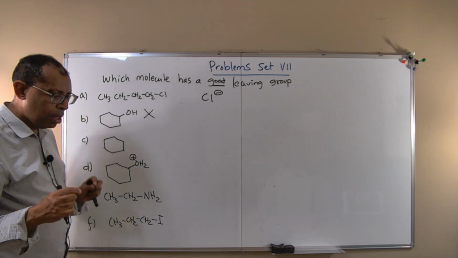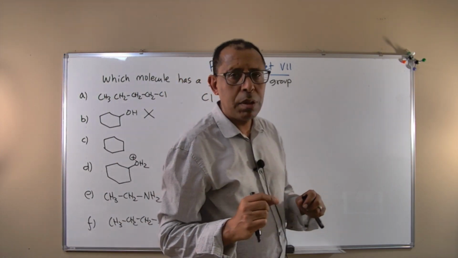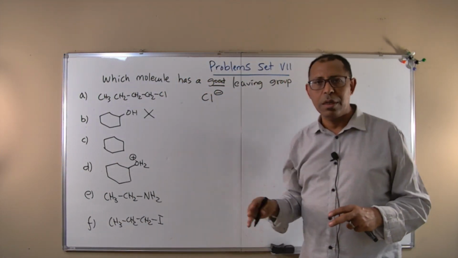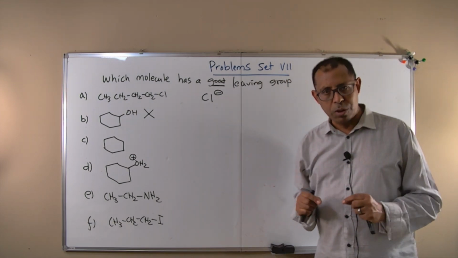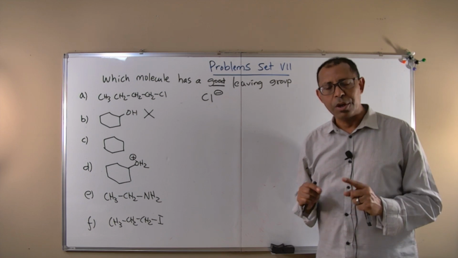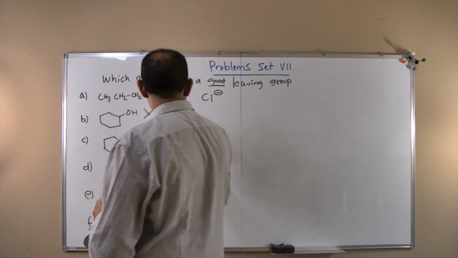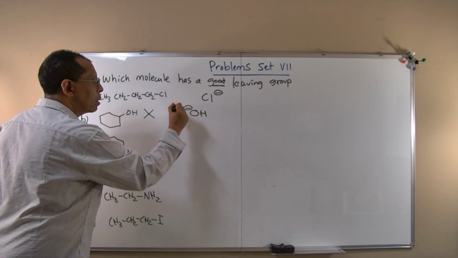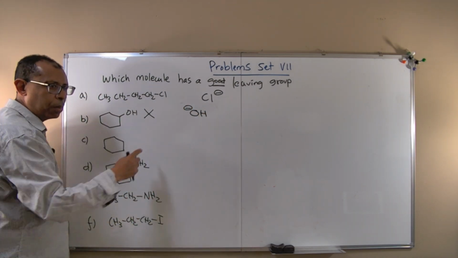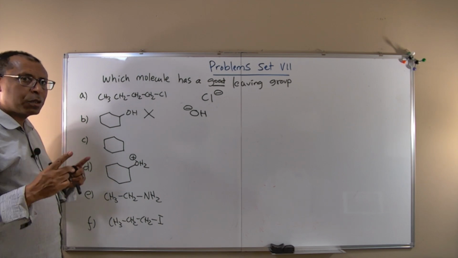An alcohol, without being treated by something which makes OH a good leaving group, cannot undergo a substitution reaction. The reason being, OH minus is a very strong base. Very strong bases are also very strong nucleophiles.